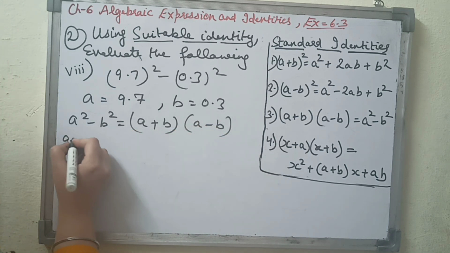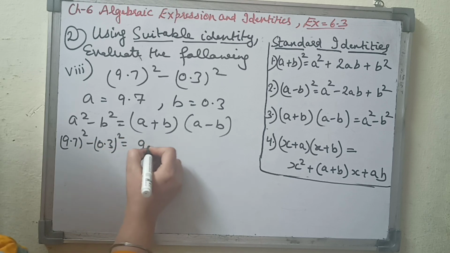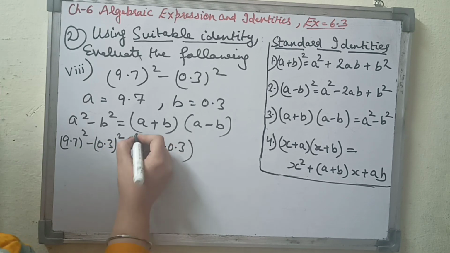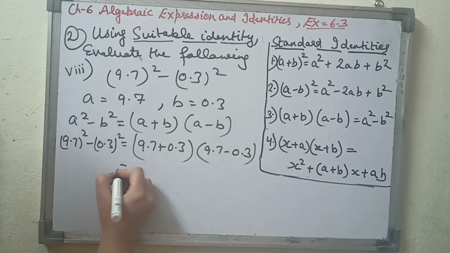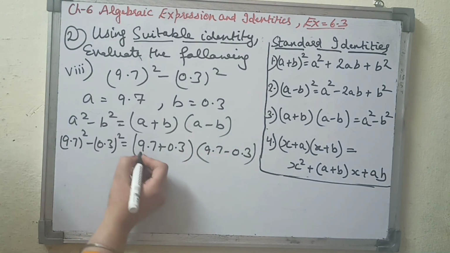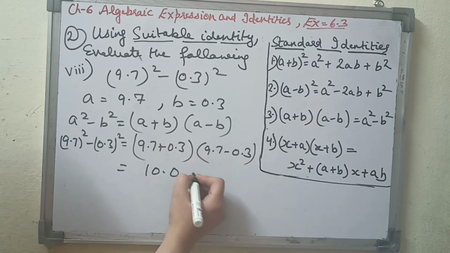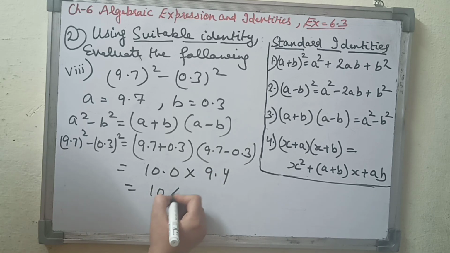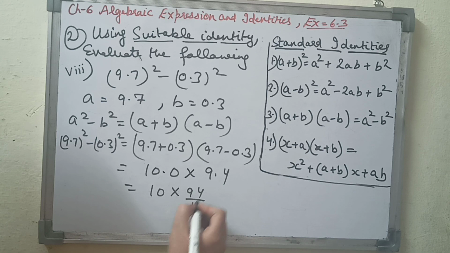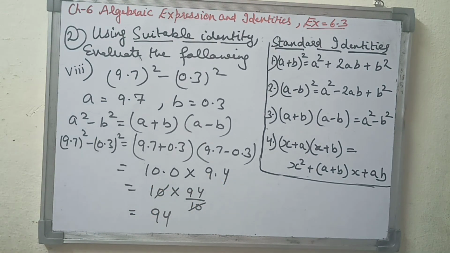Put in the values: 9.7 square minus 0.3 square is (9.7 plus 0.3) into (9.7 minus 0.3). Now 9.7 plus 0.3 is 10.0, and when we subtract these two terms, I will get 9.4. Now 10.0 means 10, and this is 94 over 10. Remove these decimals, 10 cancels with 10. You will get 94 as the required answer of this sum.